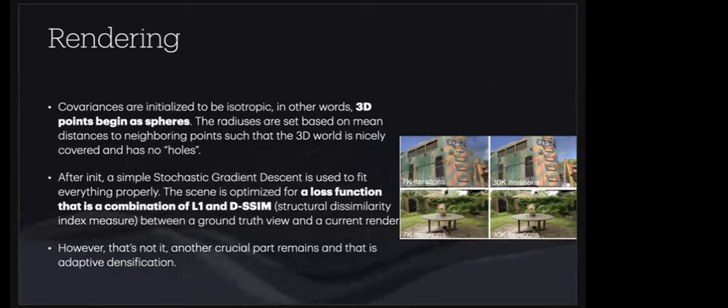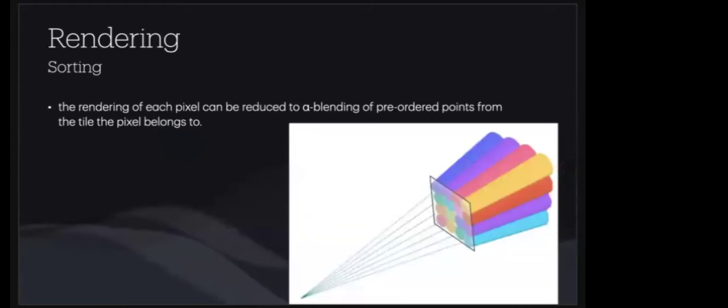But that's not it, because another crucial point remains, and that's the adaptive densification, which I just mentioned before. And what that is, is nothing but sorting. So you're basically rendering each pixel, and it can be reduced to an alpha blending of pre-ordered points from the tile to the pixel which it belongs to.